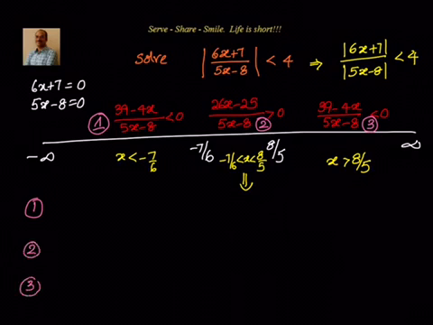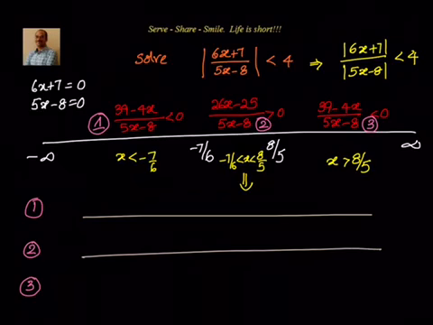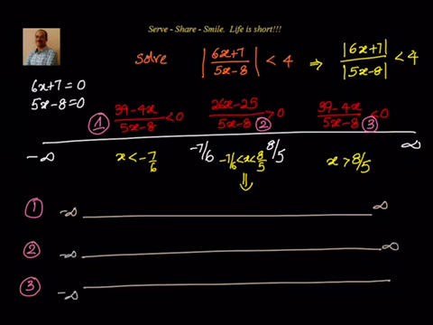For each one of them we will give them 1, 2, 3. So I will draw 3 number lines for you. This is first line, this is second line, and this is third line. All of them go from minus infinity to infinity.